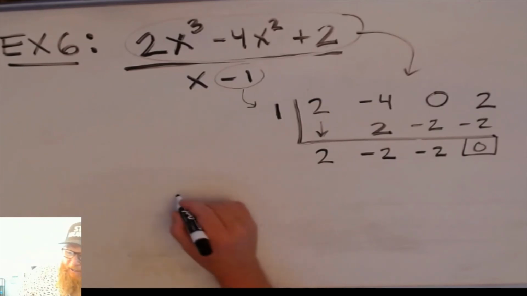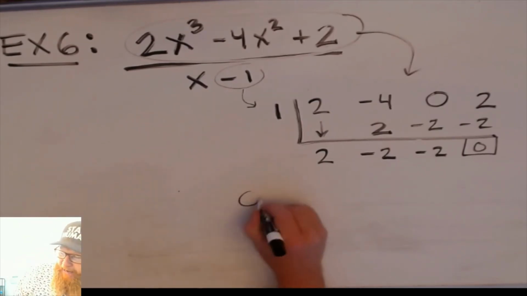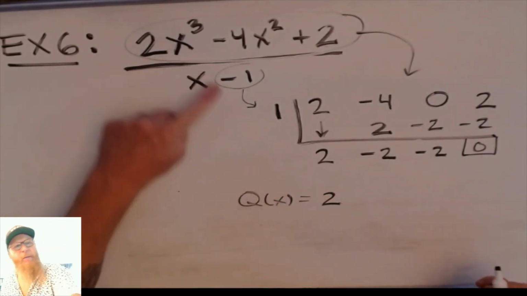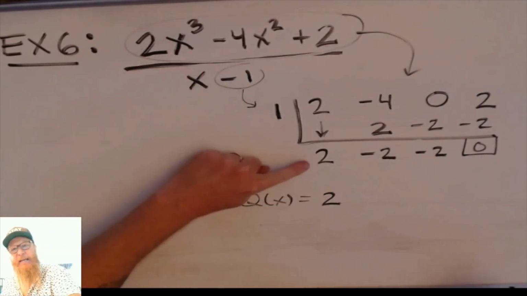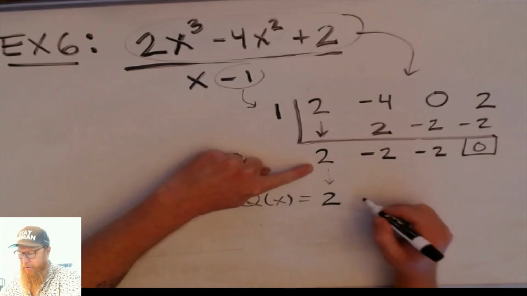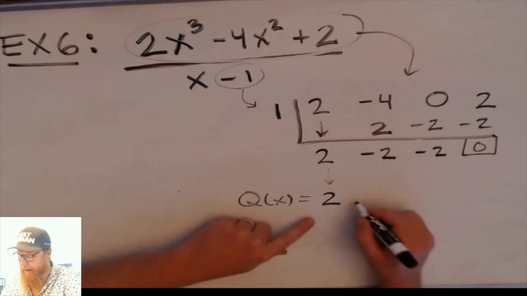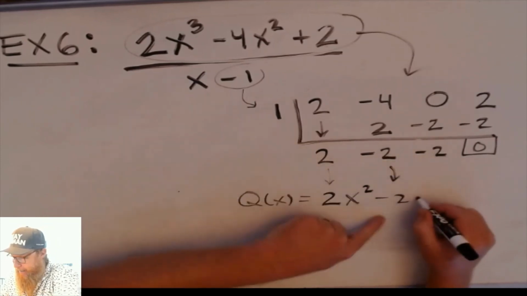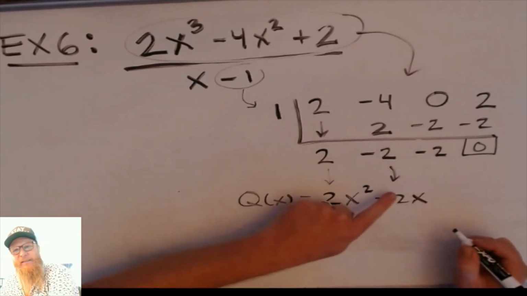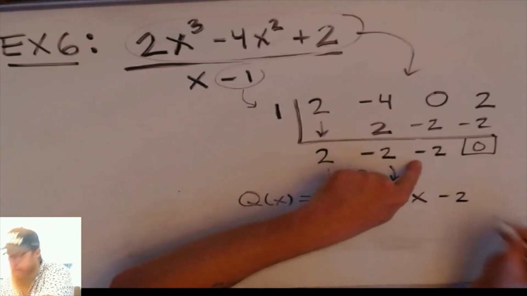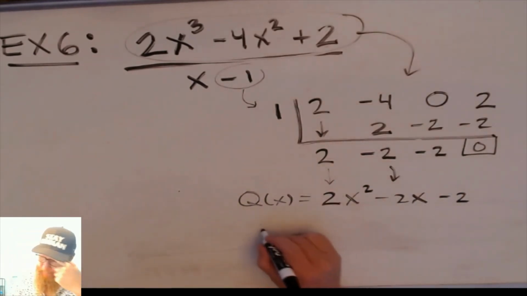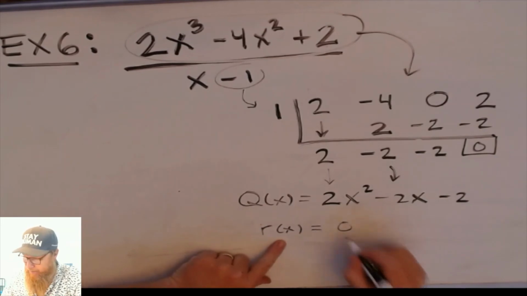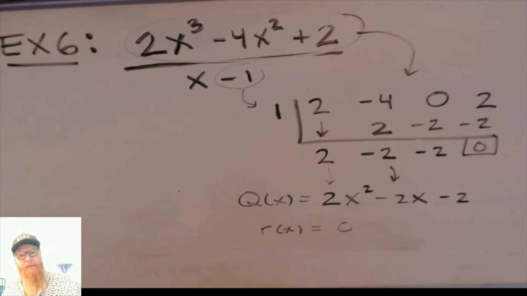So we have q of x, or quotient. We lower the power of the original dividend. So now this 2 used to be 2x cubed. Now it's 2x squared. And then negative 2x. And then this is the constant term. The remainder is 0. Okay.